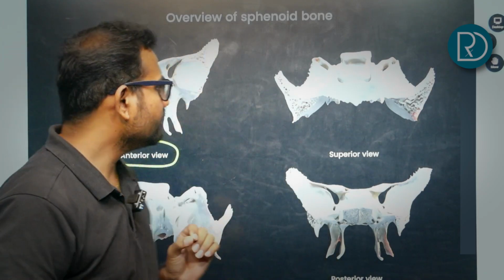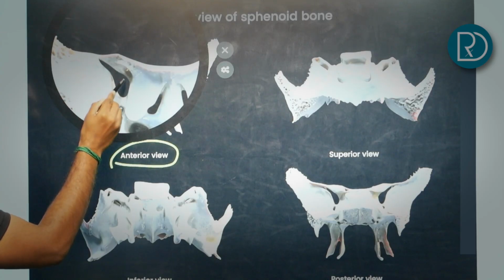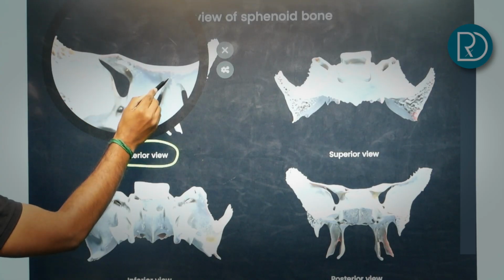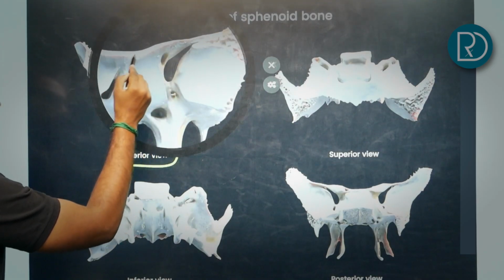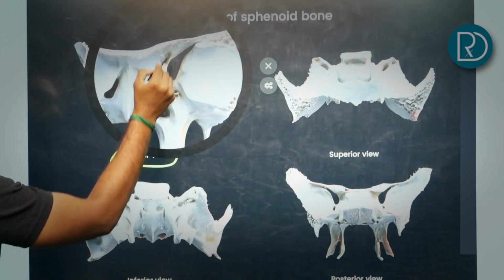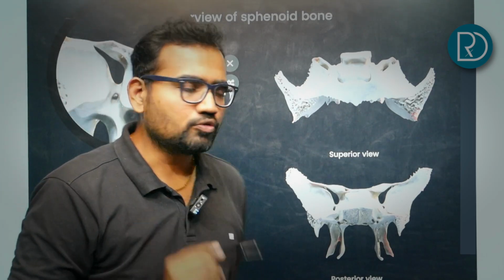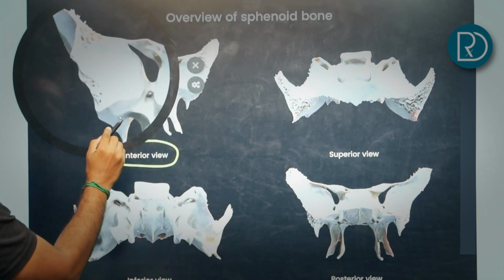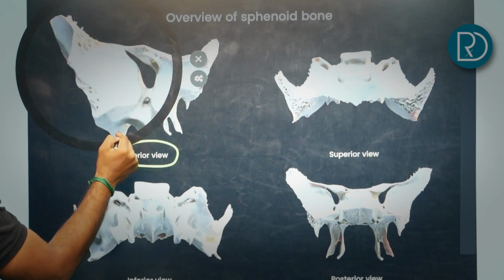See a small wing-like structure which ends here, and again it goes and comes here. Similarly, you see on the other side a small wing. That is called the lesser wing of the sphenoid. On the other hand, you see a big wing here, which goes around like this and comes here.